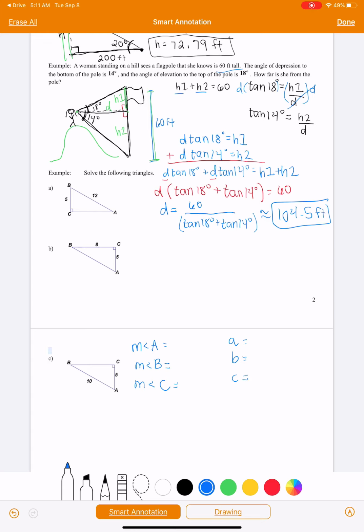I'm going to make sure my triangle is fully labeled. Side length A is across from angle A. Side length B is across from angle B, which we know is 5. And side length C is across from angle C, which we are given is 10.